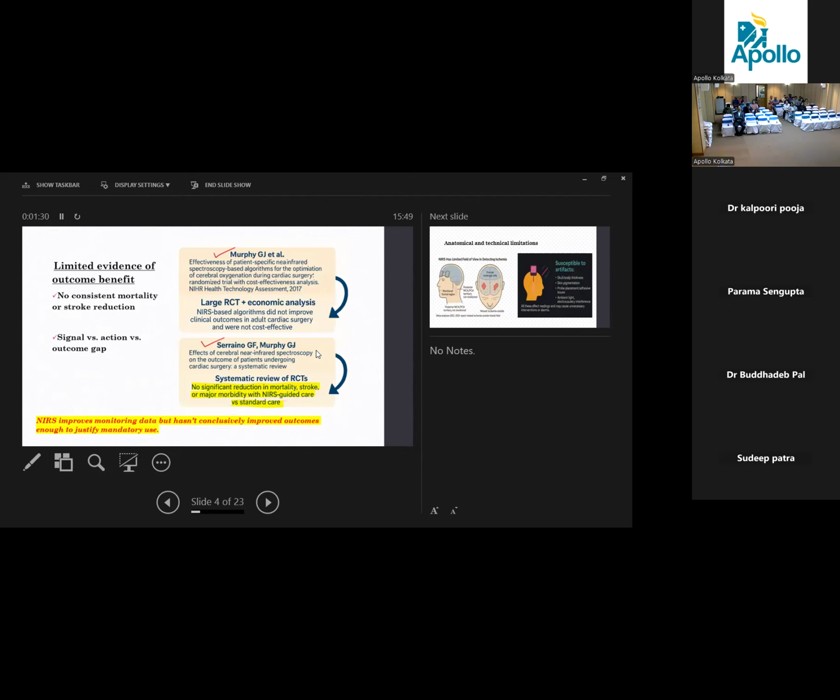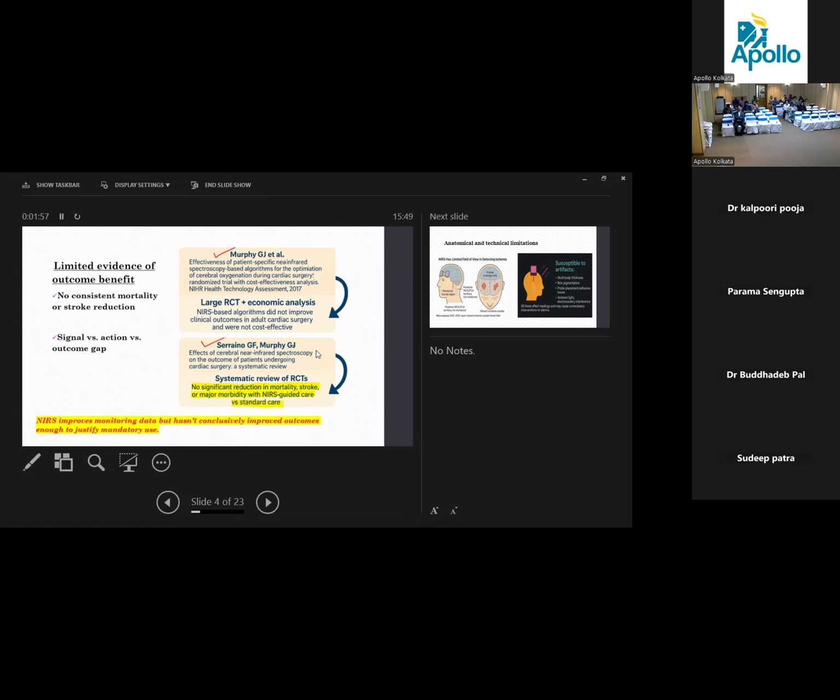So, yes, cerebral NIRS definitely detects cerebral desaturation, but there are studies like Murphy et al. They found that NIRS-based algorithms did not improve clinical outcomes in adult cardiac surgery and were not cost-effective. Similarly, Serrano et al. found no significant reduction in mortality, stroke, or major morbidity with NIRS-guided care versus standard care.